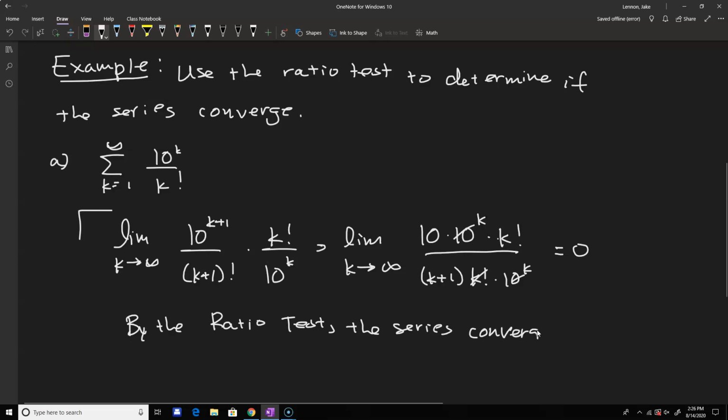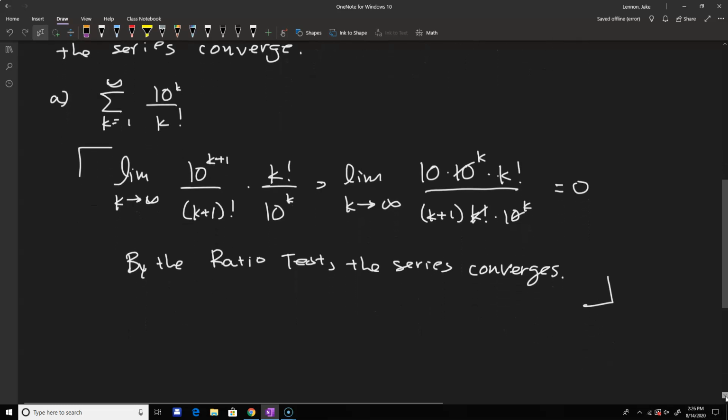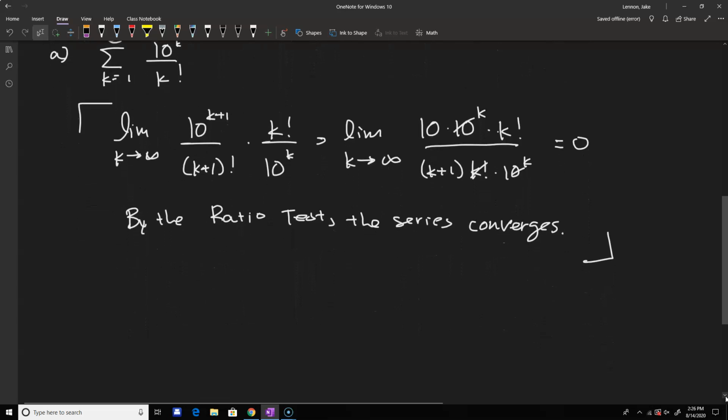All right, let's go ahead and look at another one. Let's say we're looking at the infinite series from k equals 1 to infinity of (-1) to the k times k to the k over k factorial.